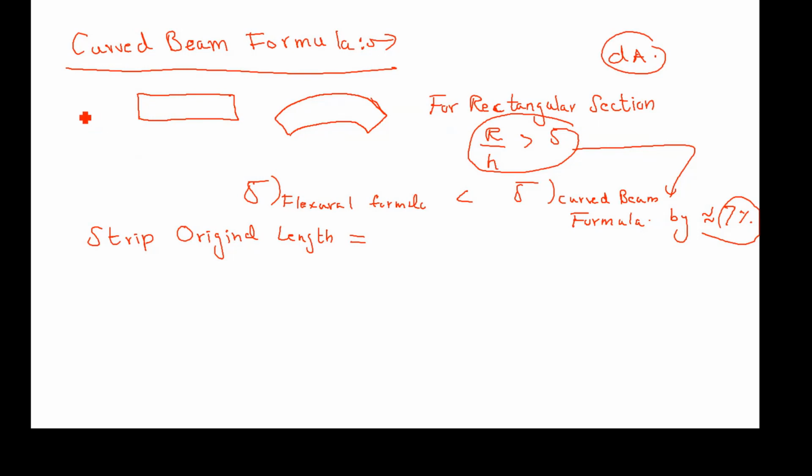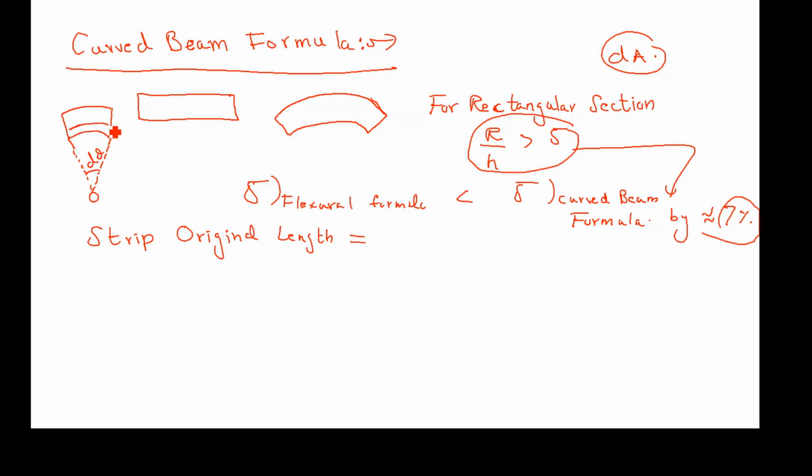I'm going to draw it. You remember that this particular curved strip was taken, at a distance from O. It was subtending the angle d theta, and the radius passing there was here.